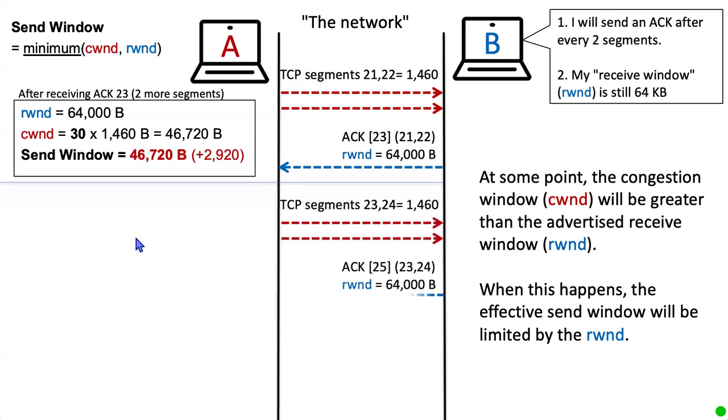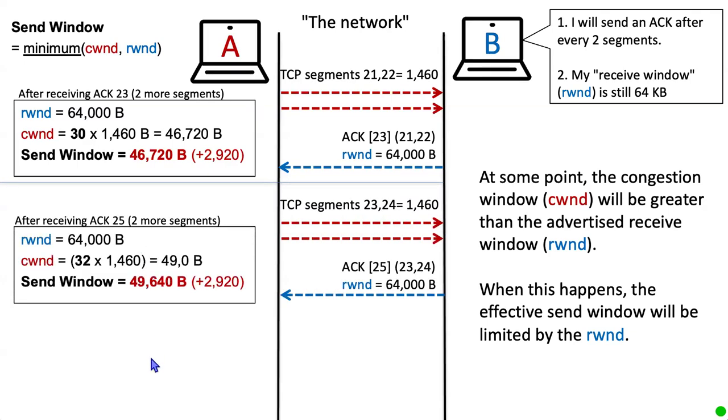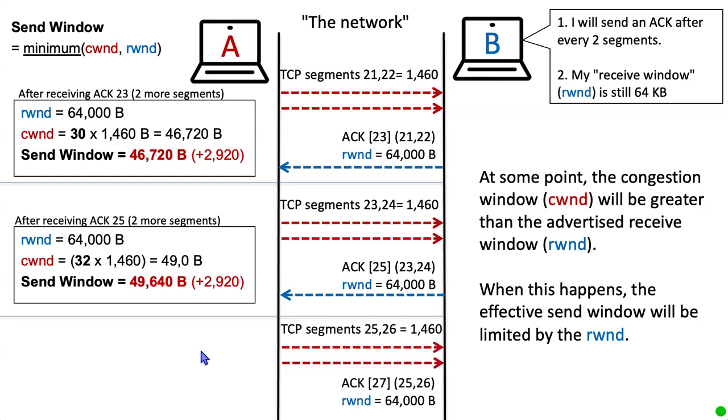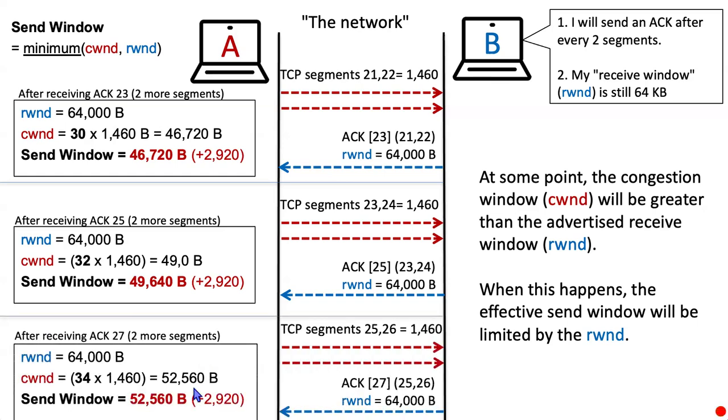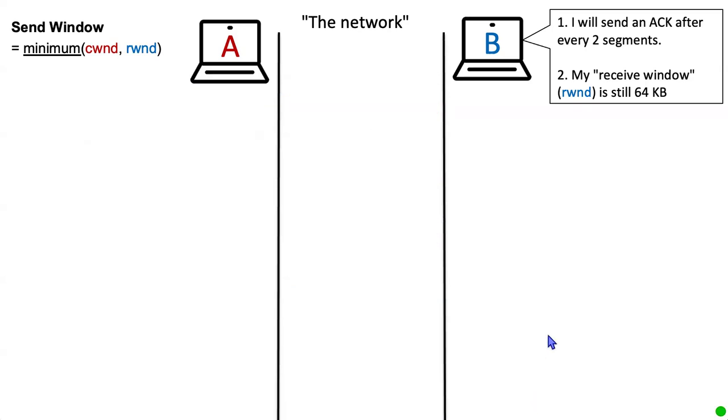Send another 2 segments, receive an ACK. Okay, continuing to increase that congestion window, which also increases our send window by 2,920 bytes. We just keep on going. So still, the congestion window is less than the receive window. Okay, we're at 52,560 bytes. Let's keep on going.